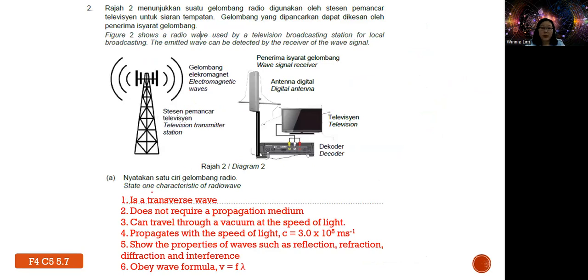Radio wave is a transverse wave, does not require a propagation medium, and can travel through a vacuum, propagating at the speed of light. If you don't mention the value, it's okay. It also shows wave properties like reflection, refraction, diffraction and interference, and also obeys the wave formula. And all these answers are also applicable to the other 6 waves that I showed just now.